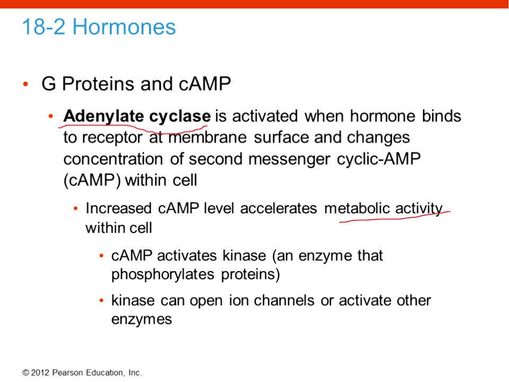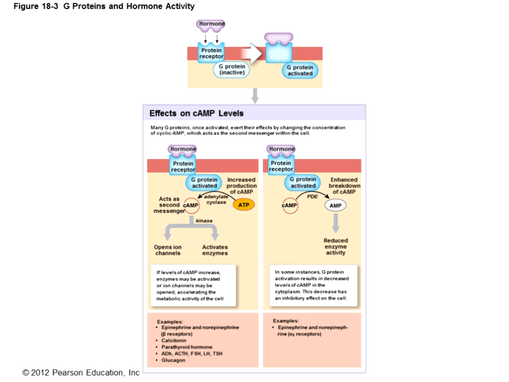And so adenylate cyclase is something that increases activity of cyclic AMP within a target. Impacting cyclic AMP as the secondary messenger is fairly common in these pathways that we're going to be looking at.